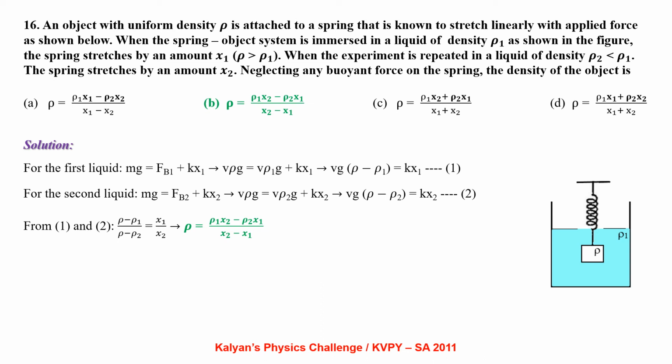For the second liquid, mg equal to fb2 plus kx2, that is Vρg equal to Vρ2g plus kx2, which gives Vg of ρ minus ρ2 equal to kx2. Dividing both the equations, we have ρ minus ρ1 by ρ minus ρ2 equal to x1 by x2. Rearranging the terms, we get ρ equal to ρ1 x2 minus ρ2 x1 by x2 minus x1.